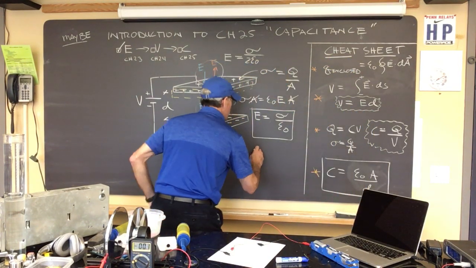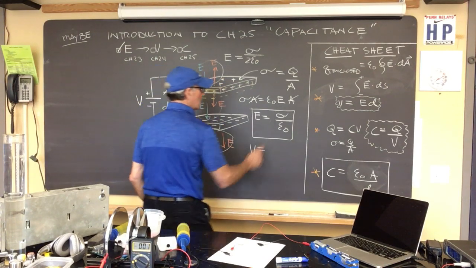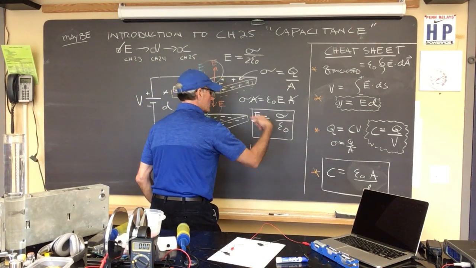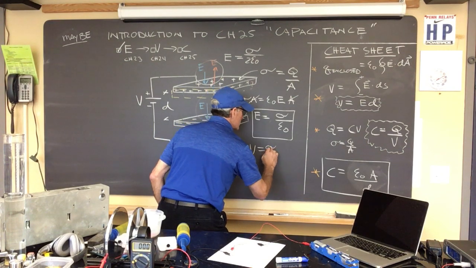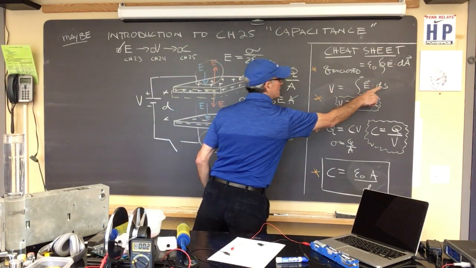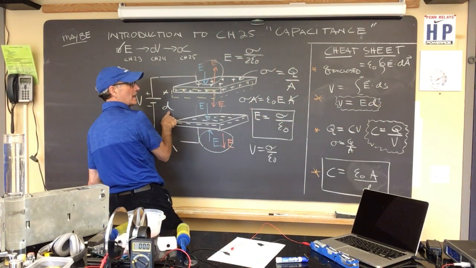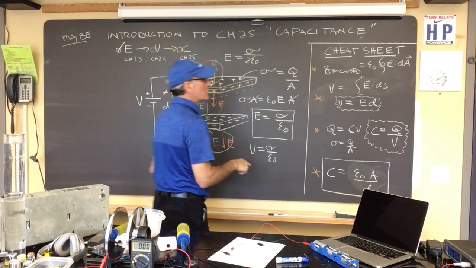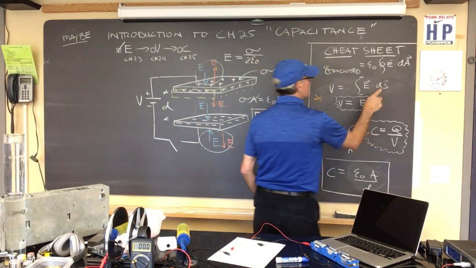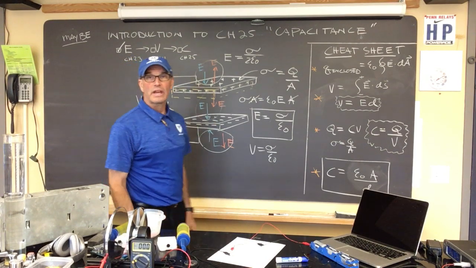So if we apply potential, we're going to get E, which is constant. That comes out of the integrand. So we have surface charge density over epsilon naught. And then the integral ds is just s, but in this case, that distance s is d. Now, these two vectors, the distance is in line with the electric field.